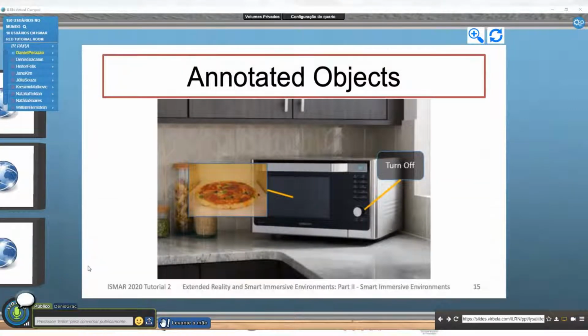Therefore, it is not a smart object, but we can recognize what that object is, perhaps due to some computer vision algorithm, or simply by knowing the location, and we have some anchor for that microwave oven, and then we can annotate that and provide information that, you know, where the food goes, how we turn it on and off. So therefore, we can annotate the object in extended reality application and provide some instruction and information how to use.